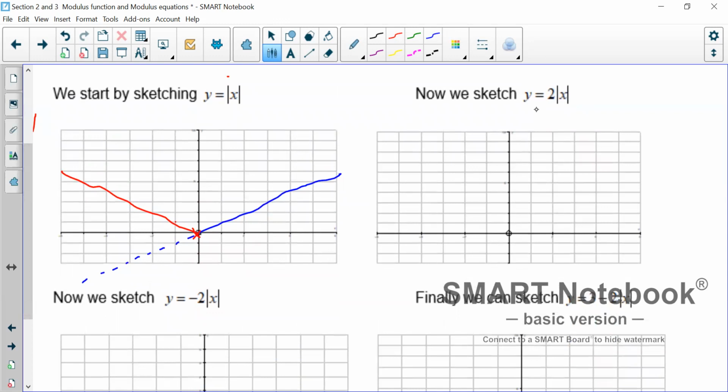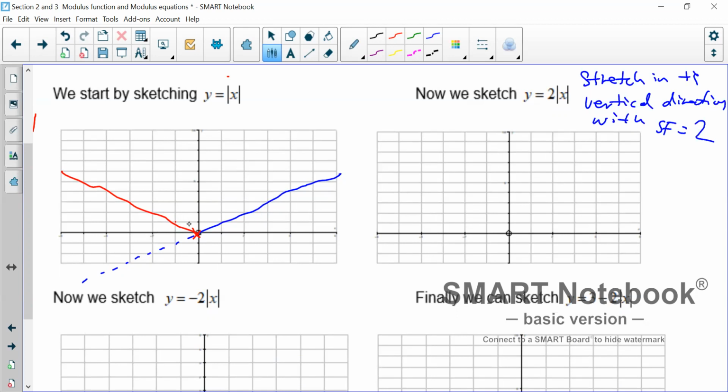If we multiply the entire function by 2, not directly applying to x, it means we have a stretch in the vertical direction with scale factor 2. What that means is your x-coordinate stays the same, but your y-coordinates all get doubled, so your graph will get pulled upwards.